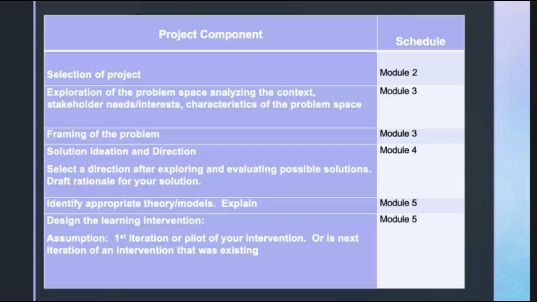And the assumption here is that you're designing a first iteration or a pilot of an intervention, or maybe the next iteration of an intervention that is existing. Because I know some of you will probably pick a course or a module or a workshop that you've already developed and that you want to improve on.